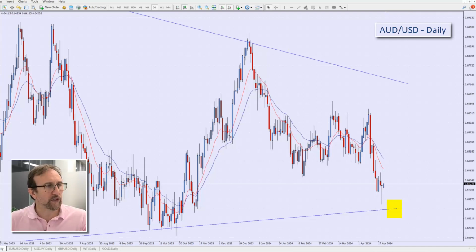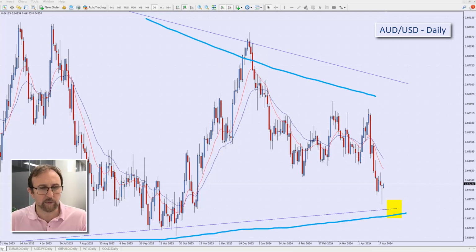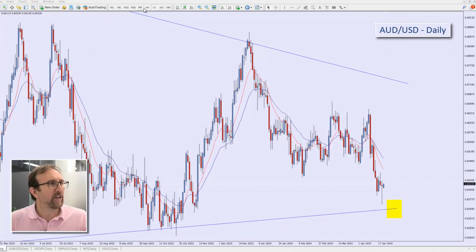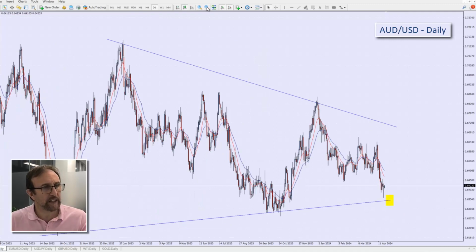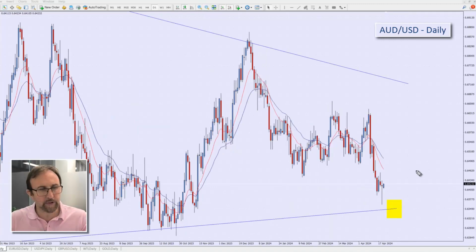What I'm looking for, which should be quite obvious now, is I'm still inside of this. Let me just zoom it out so we can see it a bit better. I'm inside this range, this converging triangle. Okay, there you can see it clearer. And we are approaching this region here of interest.